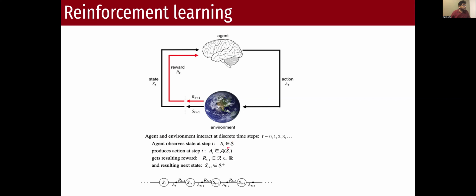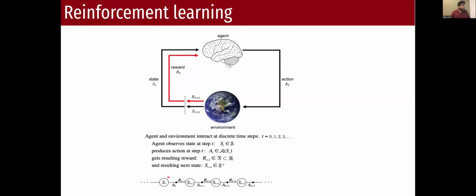It produces an action at step t, where a_t belongs to the set of actions, gets the resulting reward r_{t+1} belonging to R, and the resulting next state is s_{t+1}.